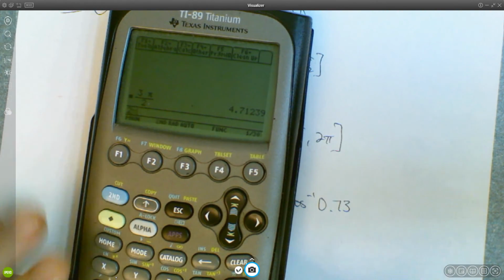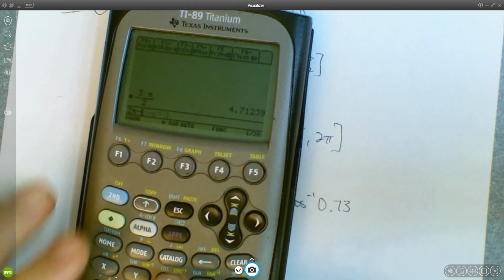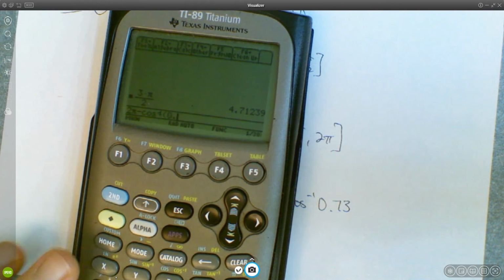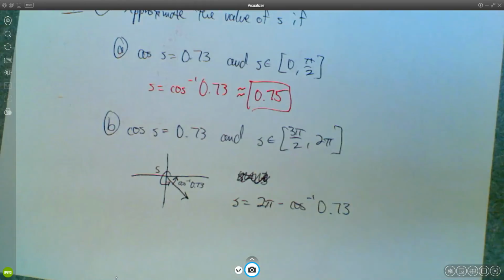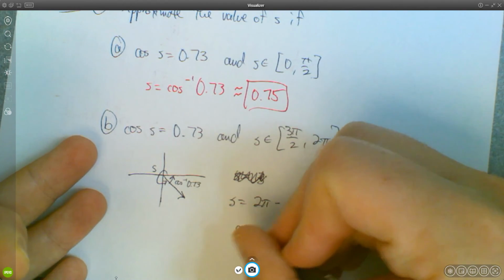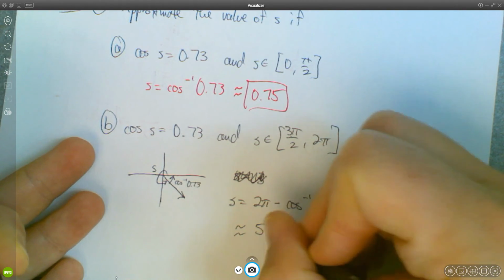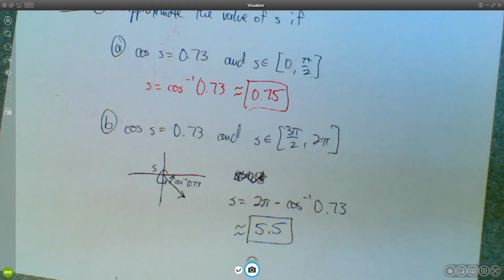So 2 pi minus cosine inverse 0.73. Alright, so that's about 5.5 if we round to 2 sig figs. Okay, so S is about 5.5 in that case. Okay, so that's how that works.